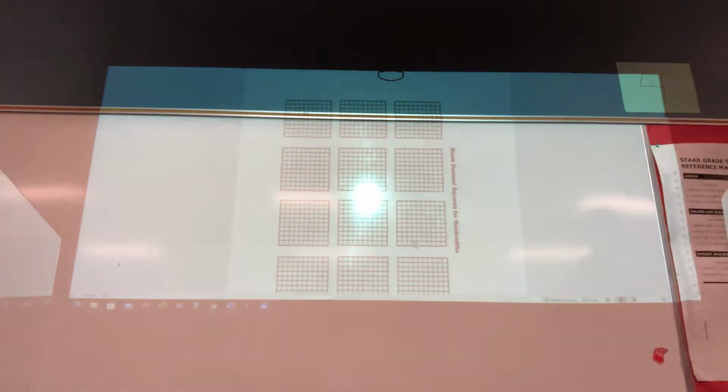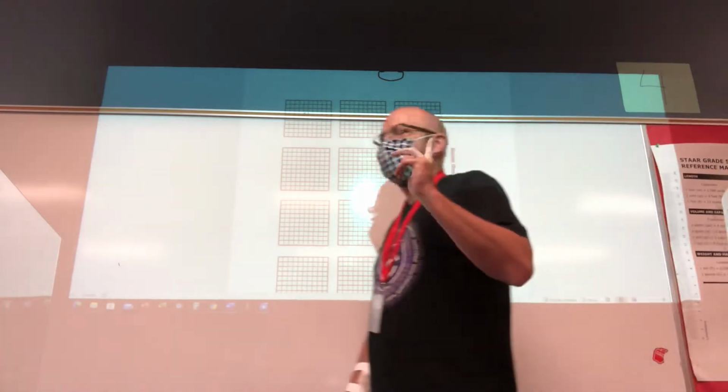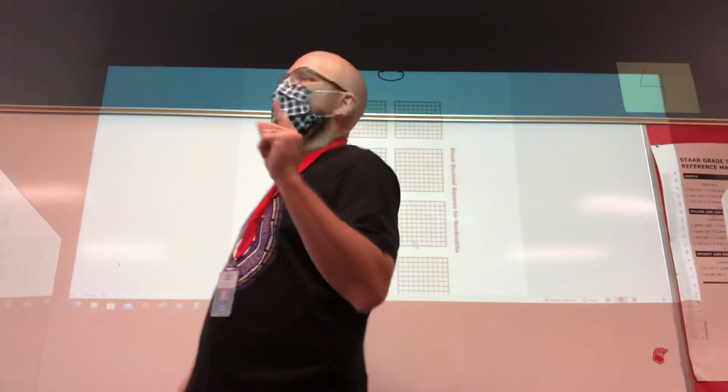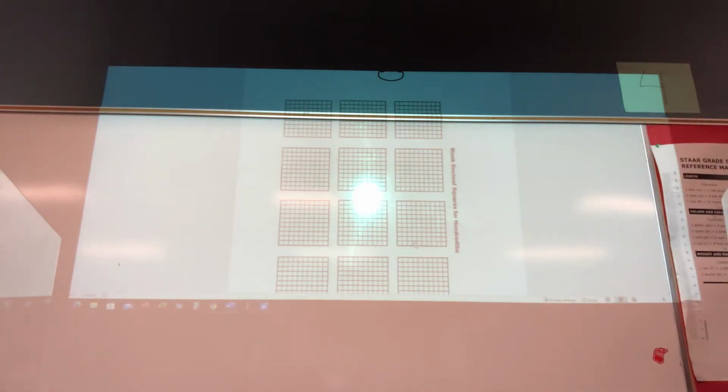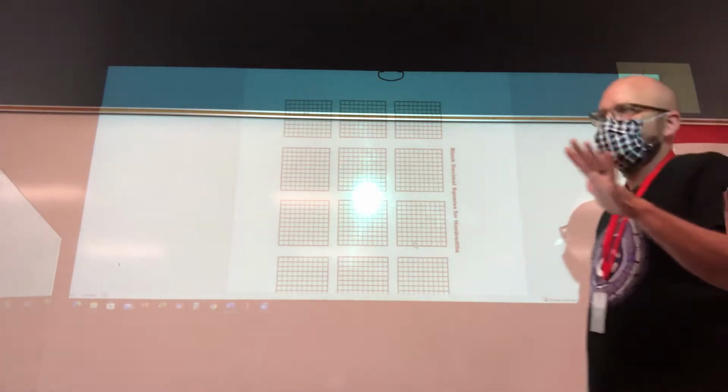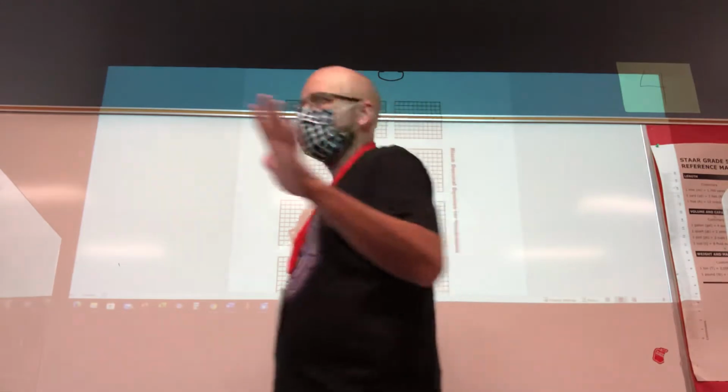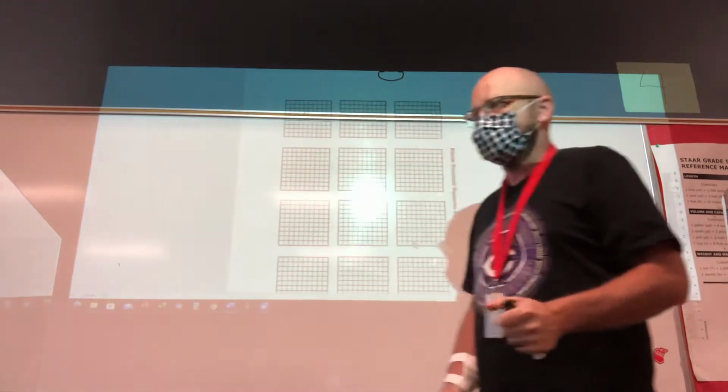Yesterday we began multiplying a decimal by a decimal using the grids. In 5th grade, it's only going to be by tenths.